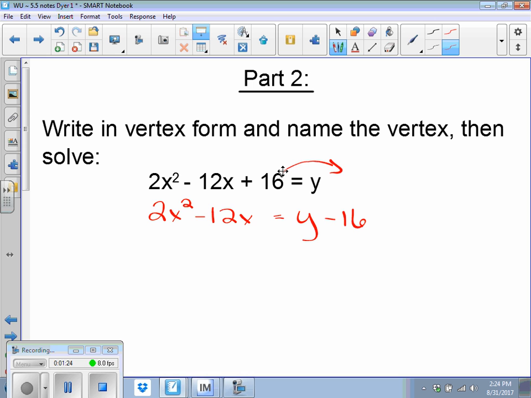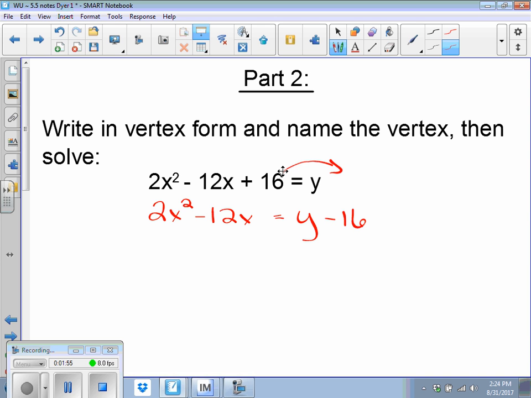Now, the rule is you can't start completing the square until the coefficient of x squared is a positive 1. So what are our options? You're going to automatically think divide by 2, which is not a bad direction to go in. If I divide this by 2, I'll just have x squared, right? But when you multiply or divide in the equation, you have to do every single term by that.